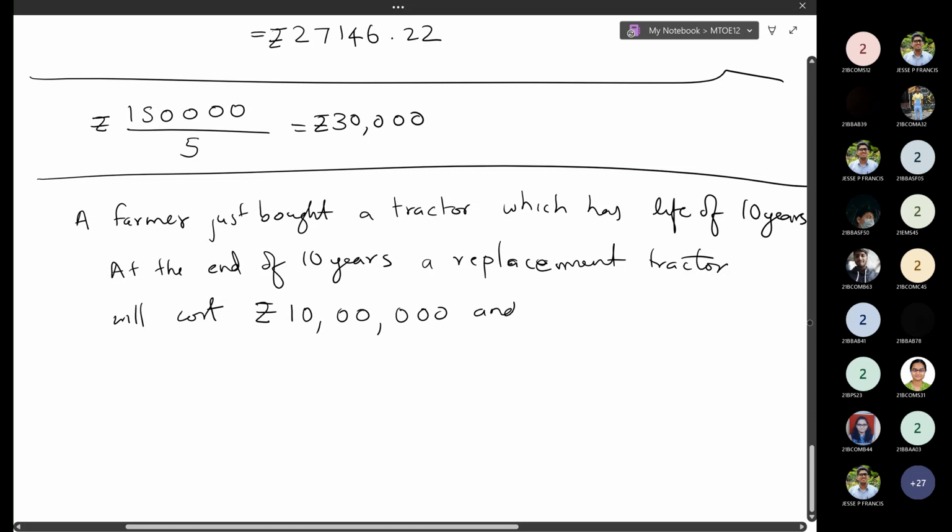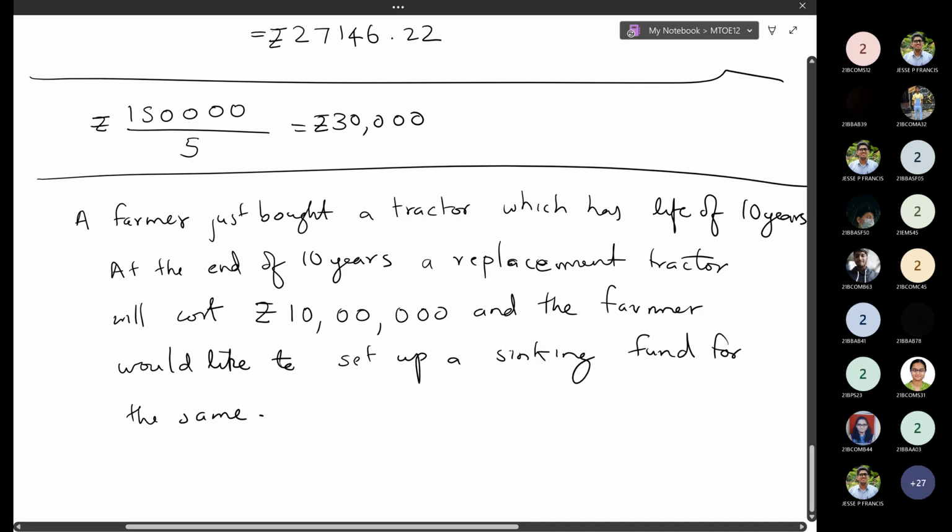And the farmer would like to set up a sinking fund for the same, starting now.